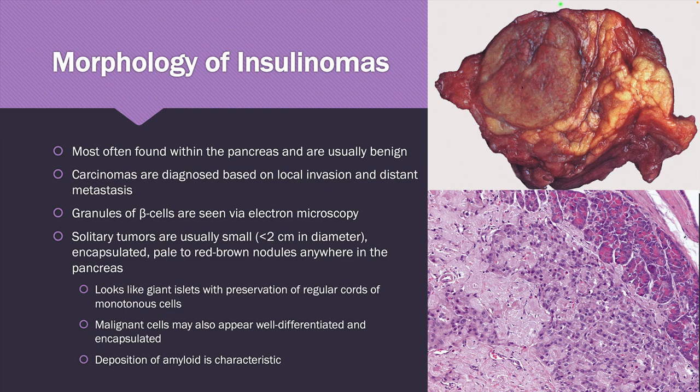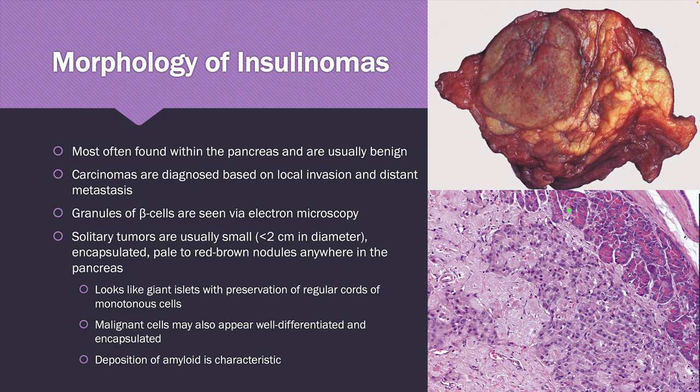These are mainly solitary tumors, less than 2 cm in diameter, encapsulated such as this one, with pale to red-brown nodules anywhere on the pancreas. And they look like giant islets with preservation of regular cords of monotonous cells. Malignant cells may also appear well differentiated and encapsulated.